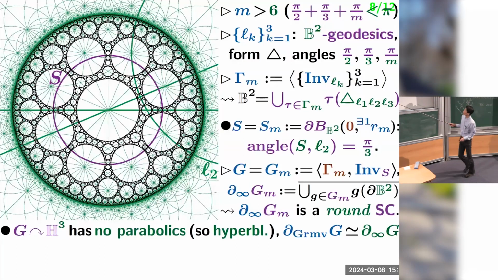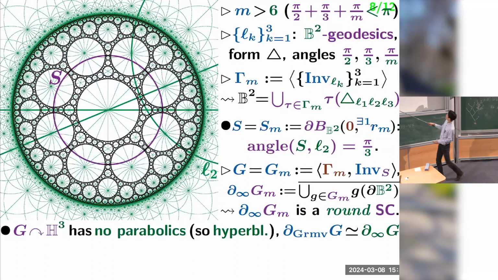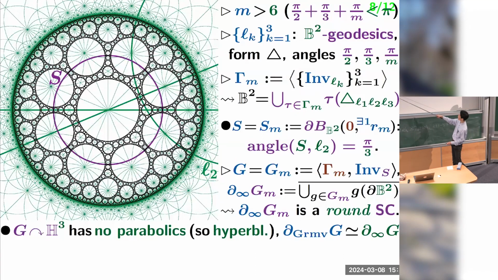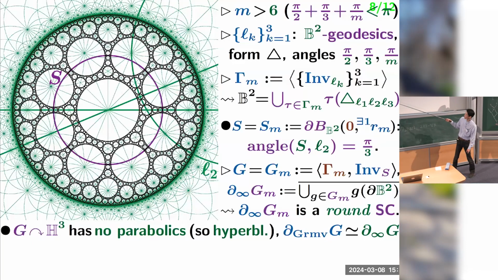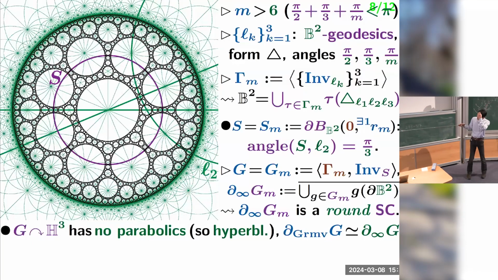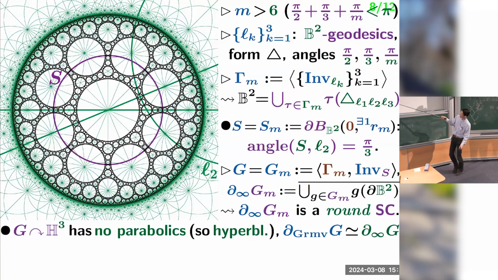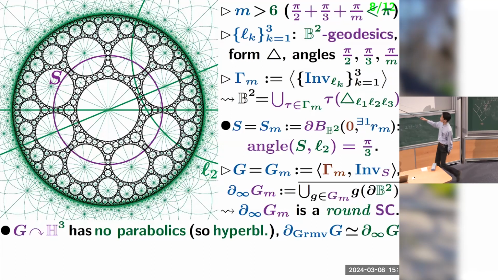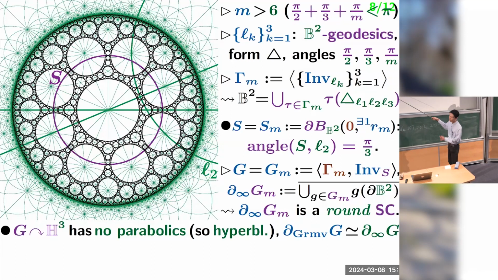And actually this group, especially the case of m being 12, is a very well-known kind of hyperbolic group of transformations. Another piece of elementary hyperbolic geometry tells us that this group doesn't contain any parabolic elements, so that it's actually a Gromov hyperbolic group.